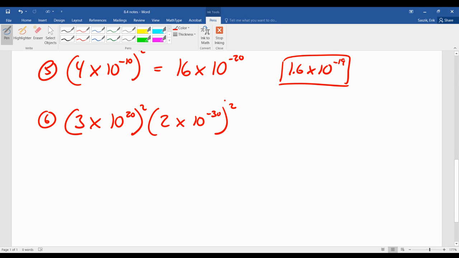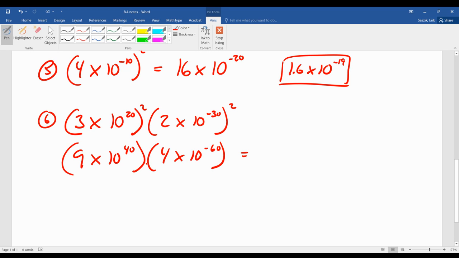So we have to apply the outer exponent first. 3 squared is 9. Power to a power, getting carried away there. That should be 9 times 10 to the 40th. 2 squared is 4. Power to a power, you multiply, you get negative 60.